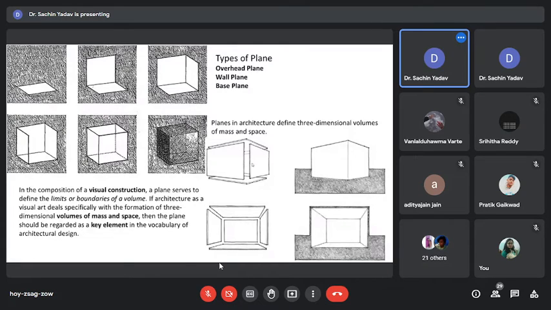So texture, if I'm giving an example of a wall, right? A wall can be a smooth surface, can be a textured surface, can be perforated, right?